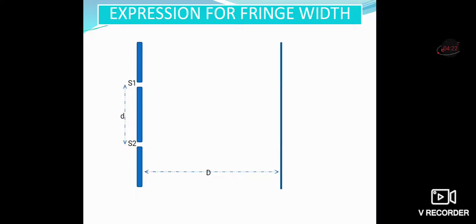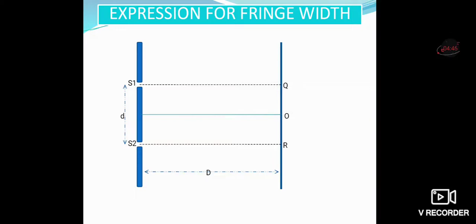Now the point O is equidistant from S1 and S2. Point O is exactly the middle of the slits, and S1O as well as S2O are equidistant, similarly for Q and R also. Both are equidistant from one another.